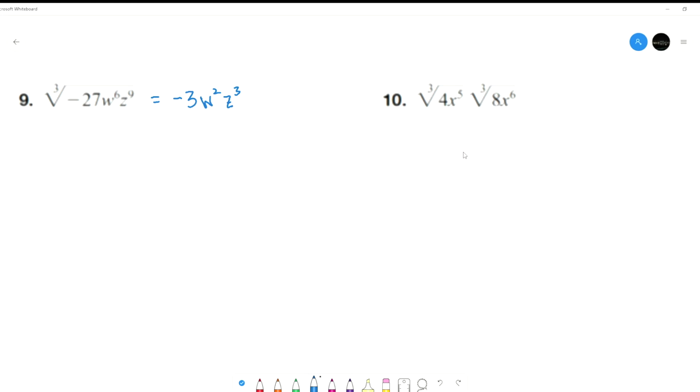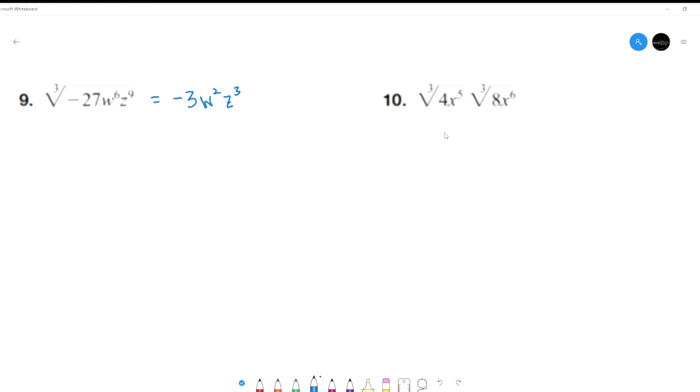We got cubed root of 4x to the 5th times the cubed root of 8x to the 6. So this one, you can choose to multiply first using the property, right? 4 times 8 is 32, but I already see that this 8 is a perfect cube, and the 4 is not. So I might as well just simplify this 8. But before doing that, I want to combine the x's because it's easier to just combine.